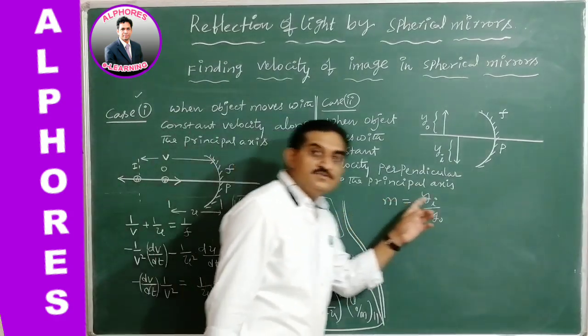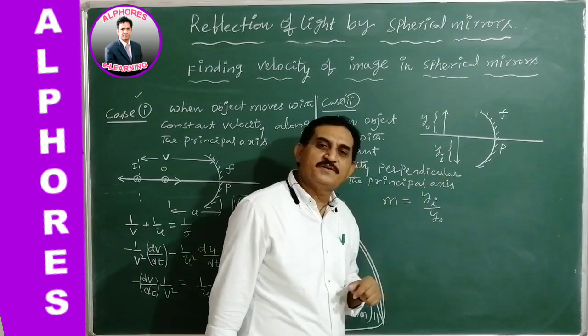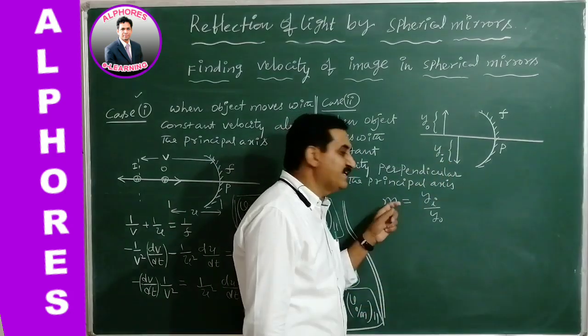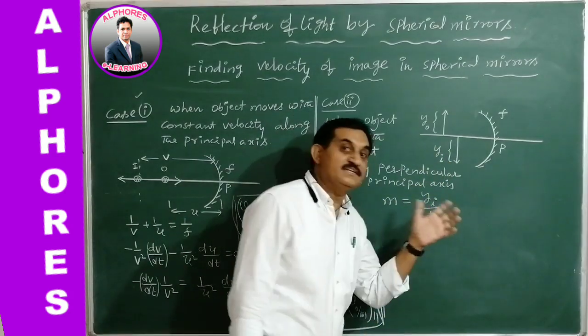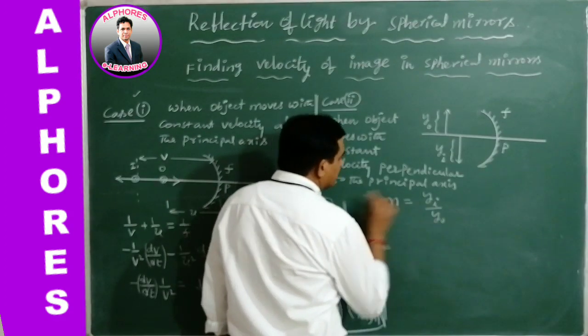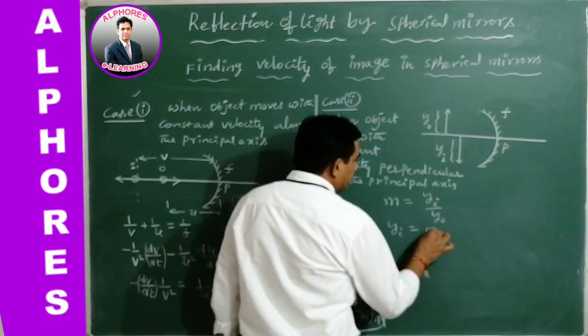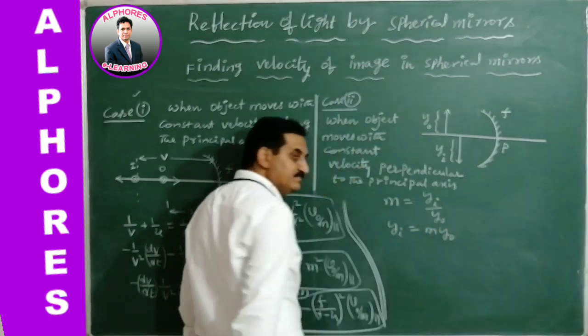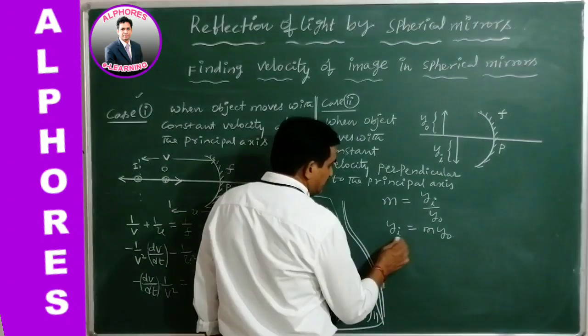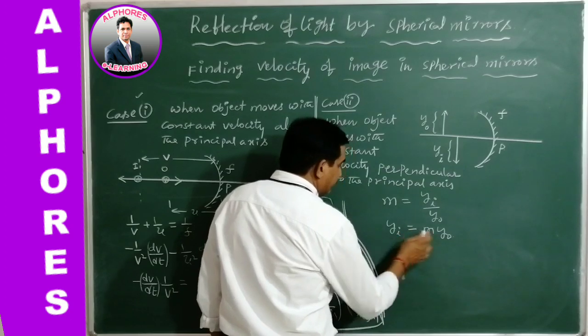So for the velocity component in the direction perpendicular to the principal axis, we select the lateral magnification. From lateral magnification, yI is equal to m into y naught. So we can write this by taking the velocity.